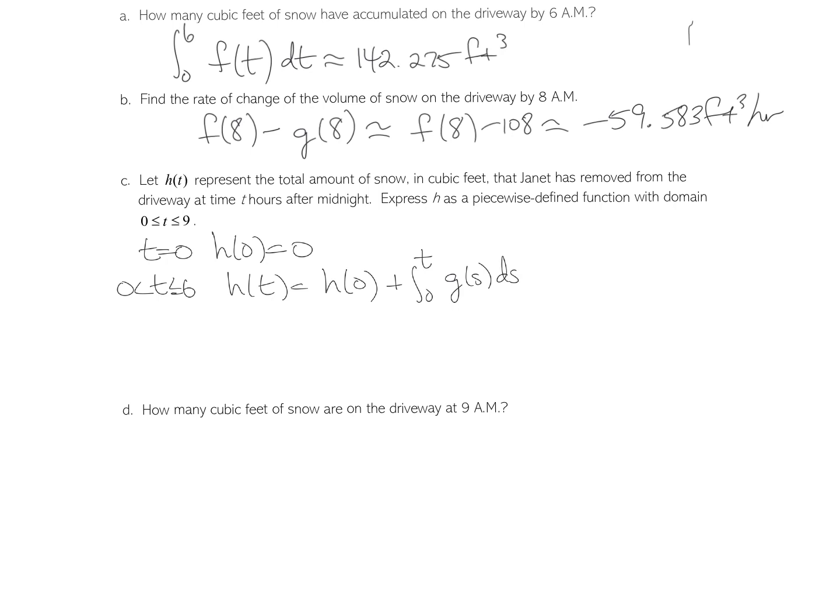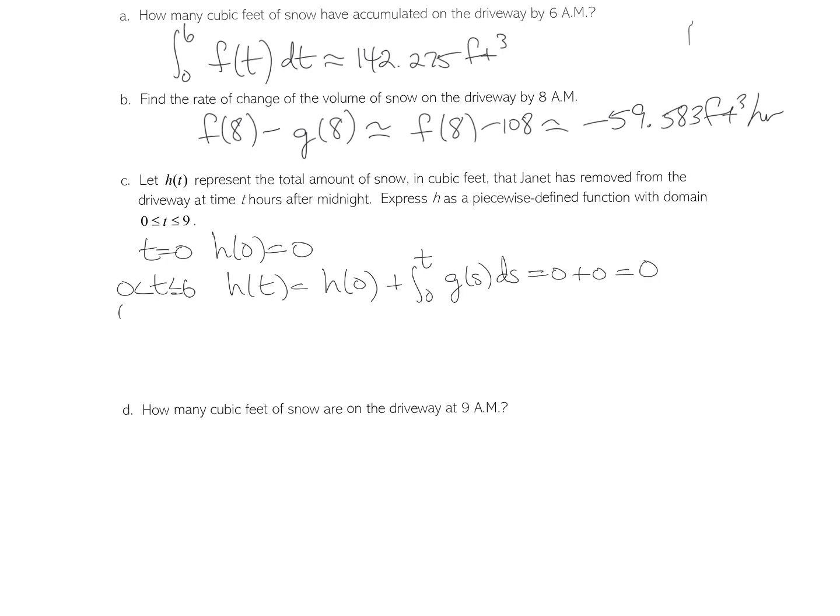The s is just a dummy variable, just so that we can get started here. Do you remember that she doesn't start removing until 6 a.m.? From midnight till 9 a.m., snow accumulates in the driveway, okay? And then at 6 a.m., she starts removing it. So we get 0 plus 0 equals 0.